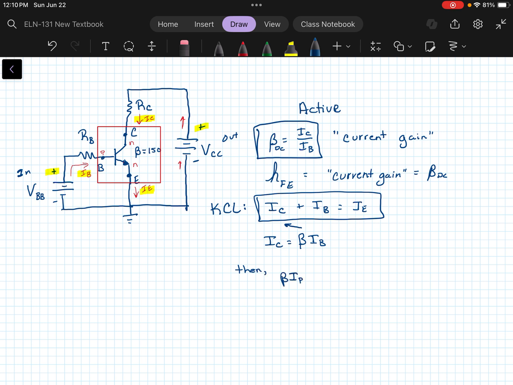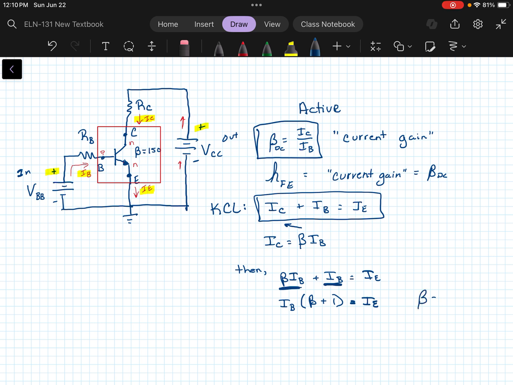Then beta times IB plus IB would equal IE. If I pull IB out of both terms, I'm left with beta plus 1, so IE would be IB times beta plus 1.